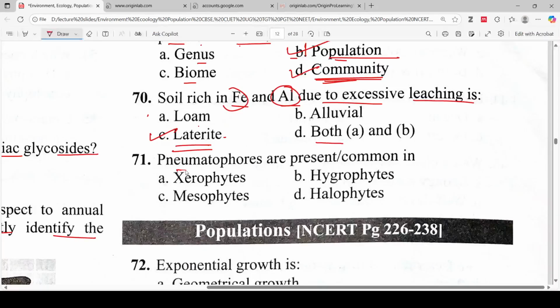Next question. The pneumatophores are present or common in xerophytes, mesophytes, hygrophytes, halophytes. So the correct answer is option D. Halophytes have pneumatophores.